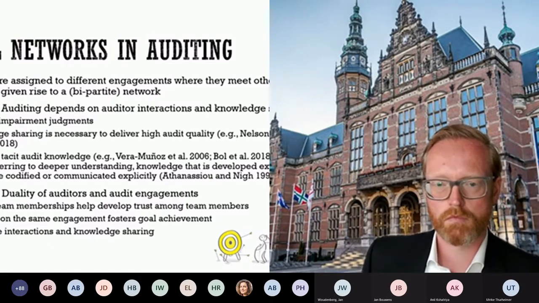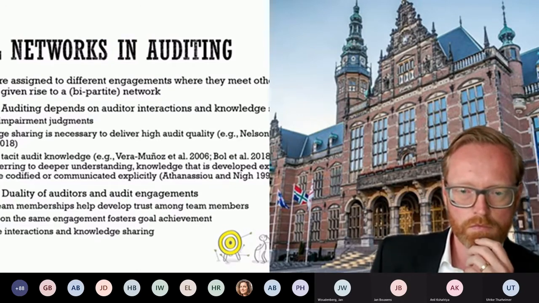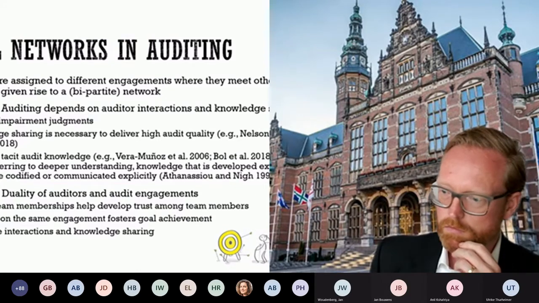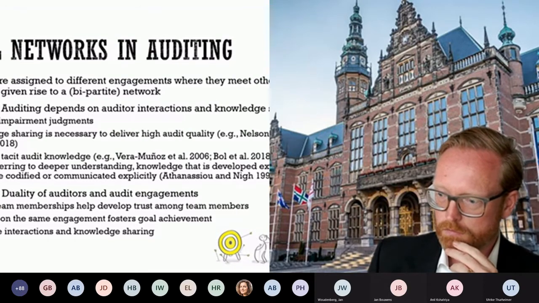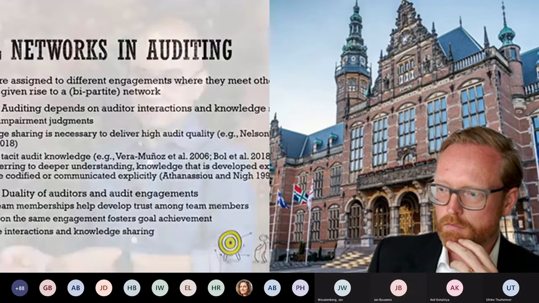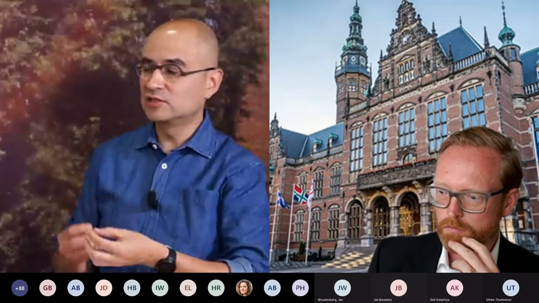Another important element is what we call the duality of auditors and audit engagements. So apart from knowledge sharing, because you sit on several teams, you meet different individuals, and in most cases the individual team members sitting on one team have one common goal.